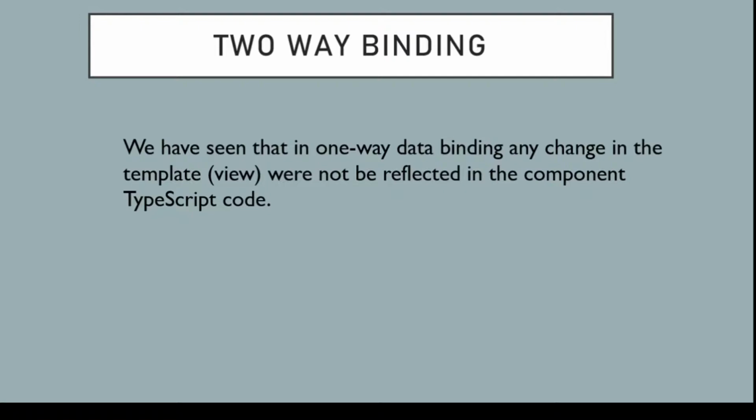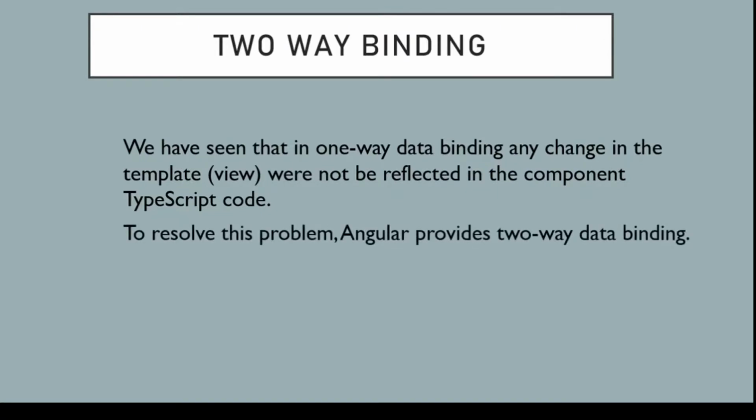In the prior videos we have seen that we had done only one-way binding. That is, any change in the template would not be reflected in the component, in your TypeScript code. So in order to resolve that problem, Angular provided us with a solution: two-way data binding.